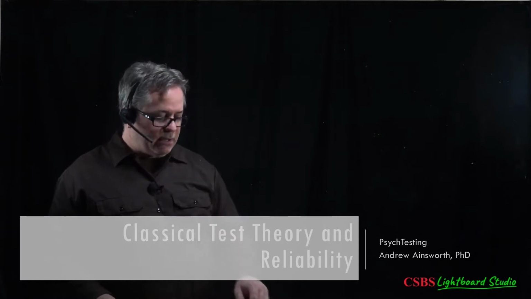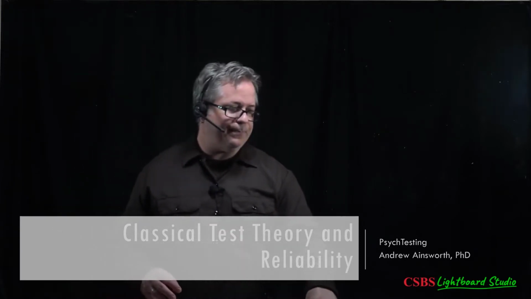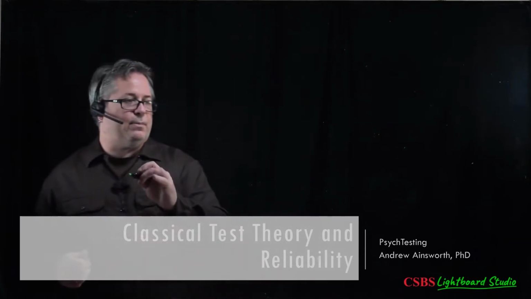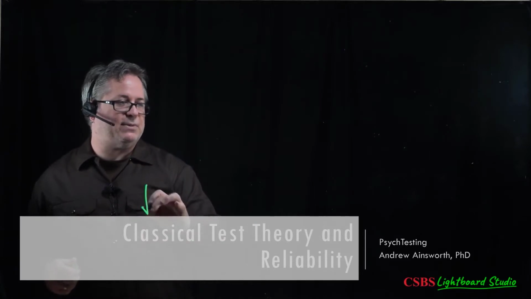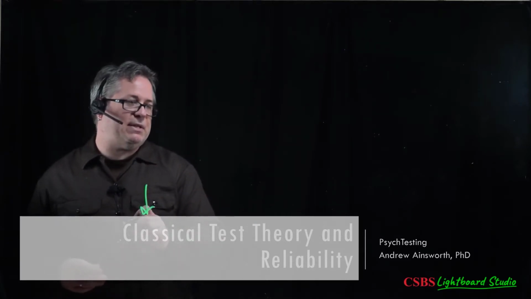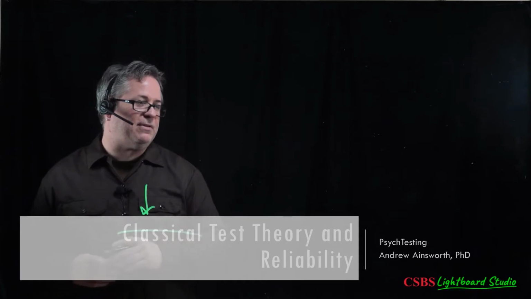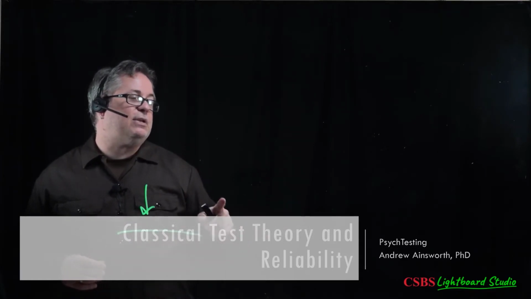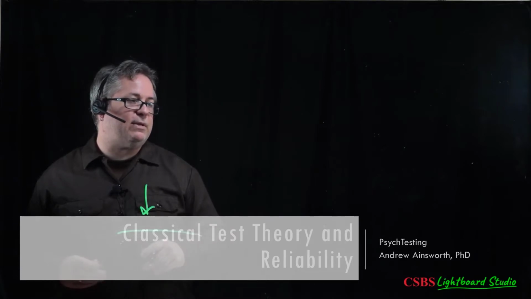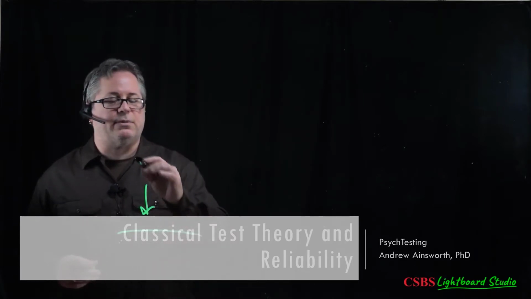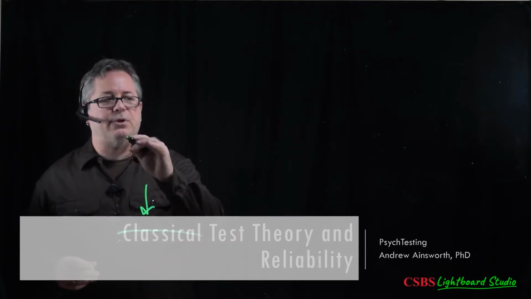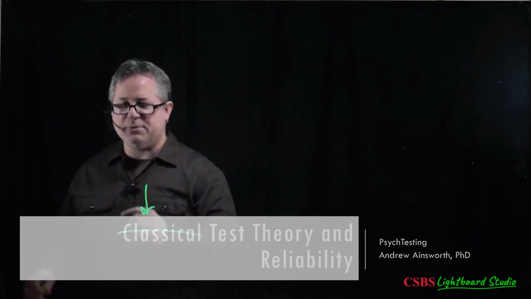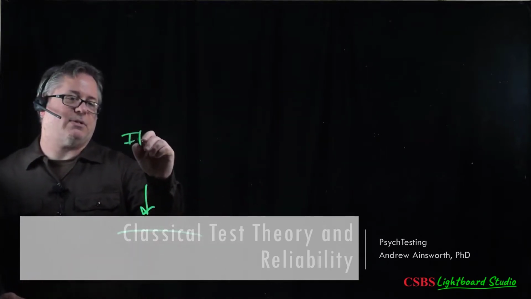I should mention the reason why it's called this term classical. It used to just be test theory. Right? It used to just be test theory. That's it. So there was test theory, and it got shifted to something called classical test theory because there's a newer game in town, so to speak, which is called item response theory.